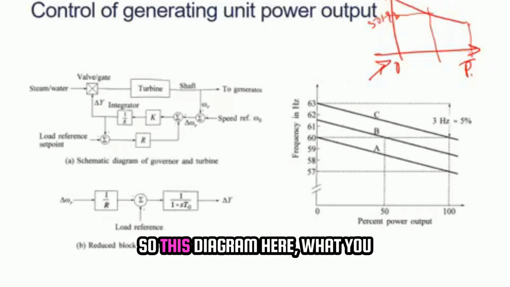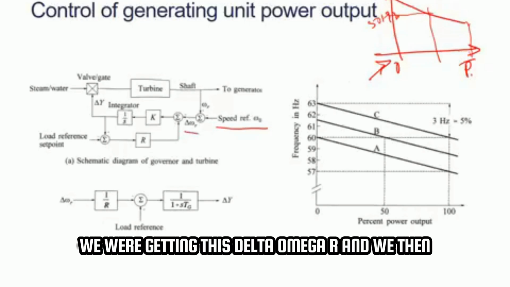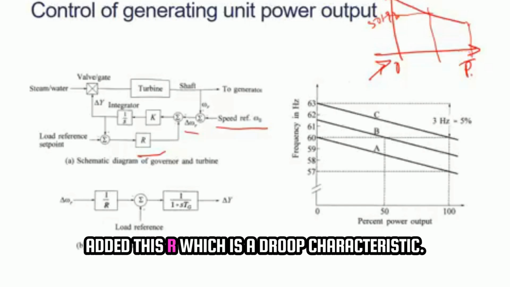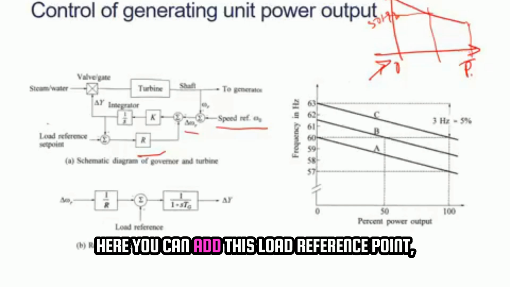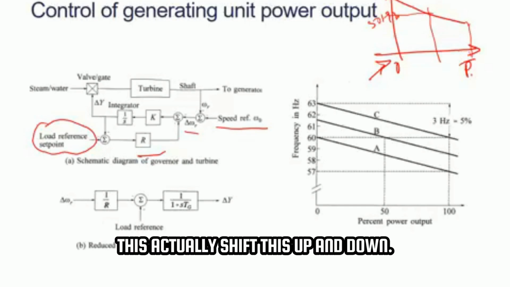In this diagram on the left, earlier we gave the speed reference, then we got delta omega, and we then added R, which is the droop characteristic. Here you can add this load reference set point, which shifts the line up and down.